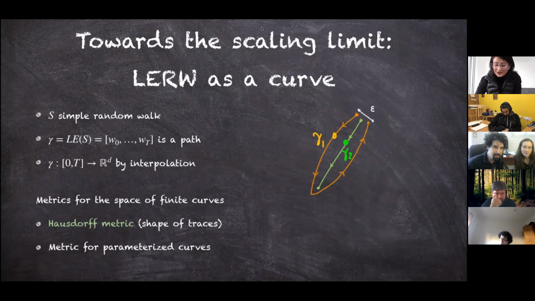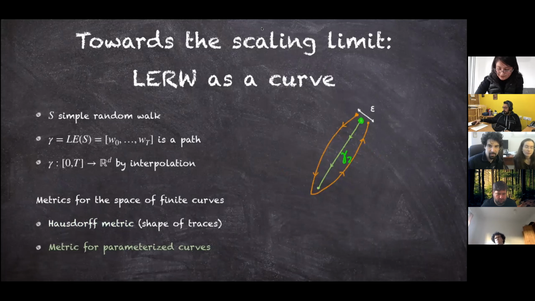So in shape, they are close. But this is not a completely satisfactory metric when we are looking for curves, because a curve comes with a parametrization. So in this case, I know that gamma 2 starts here on the top and finishes on the bottom of the screen. But gamma 1 starts at the top and finishes at the top.